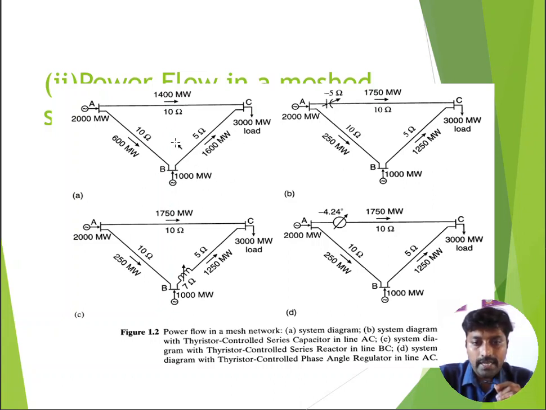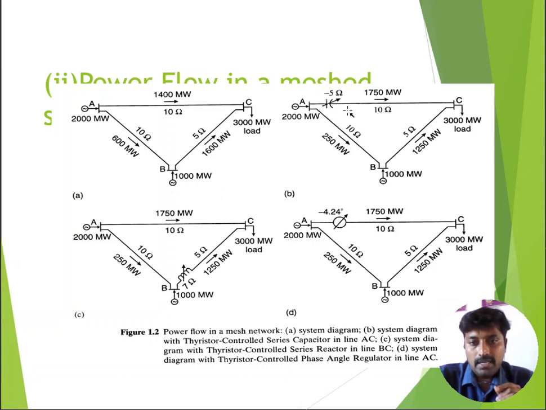In that also, you can clearly see diagrams A, B, C, D. Our objective is to increase the power transfer capability of the AC system, so we incorporate a variable capacitive nature FACTS device in this particular area. Automatically overall impedance and overall reactance are reduced, and power transfer capability increases.